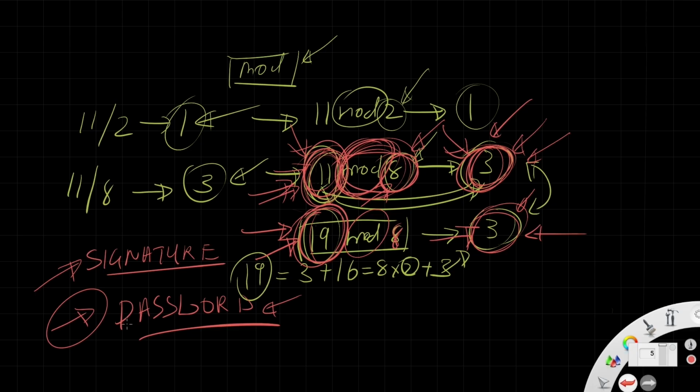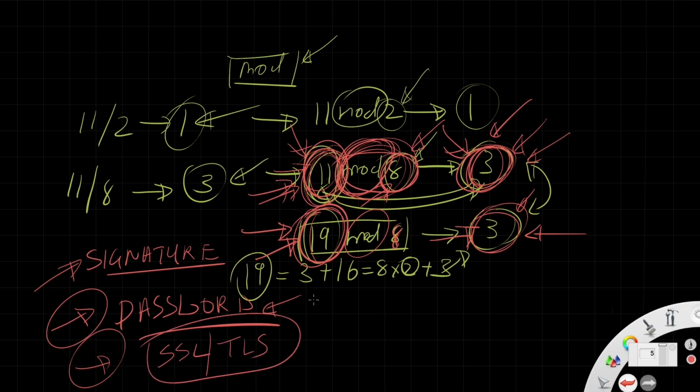Now, another use of hashing, probably the most familiar use case, is SSL/TLS. To verify the certificate and the signature, we use a hashing algorithm.